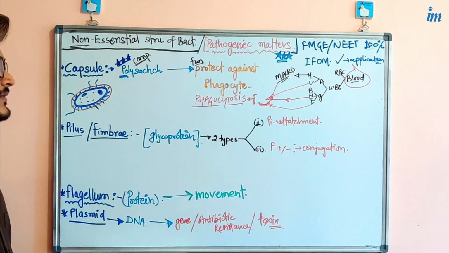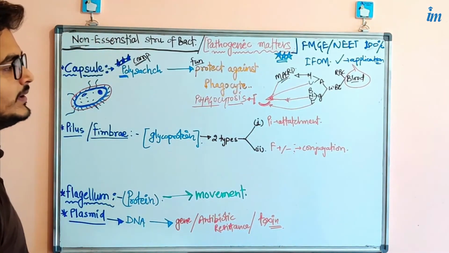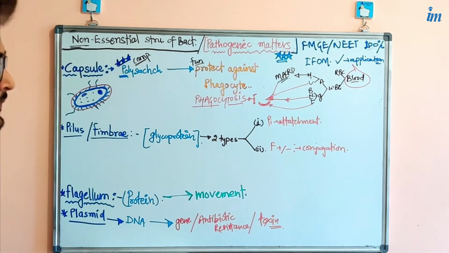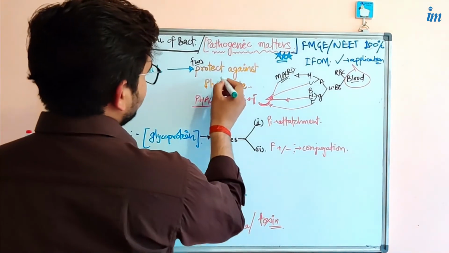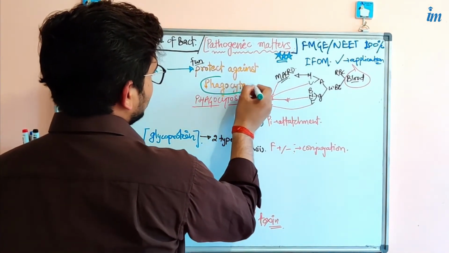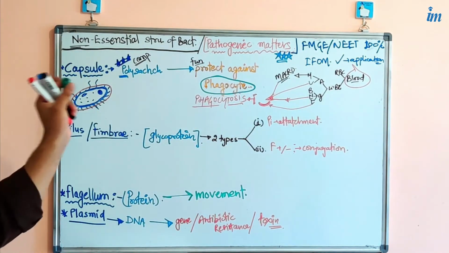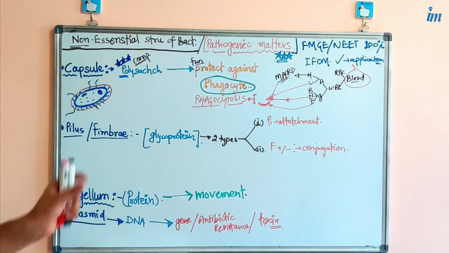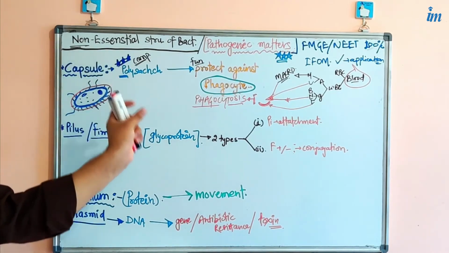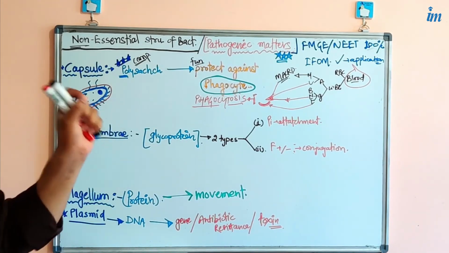Phagocytes are specialized cells. They may be modified from the monocytes, or they may be modified from the lymphocytes. So keep it clear in your mind that this is just to diminish the phagocytic activity of those microorganisms you are talking about. So when you solve the question, you can't say that the capsule's function is to protect from the macrophages.